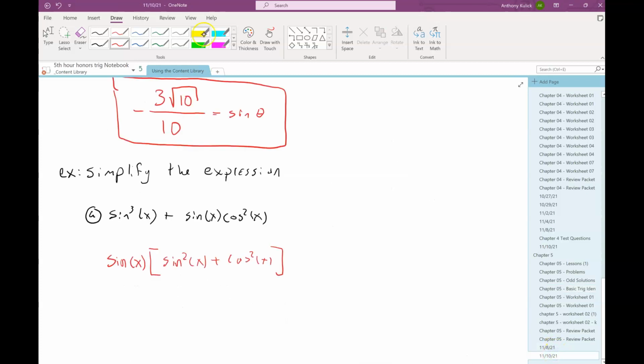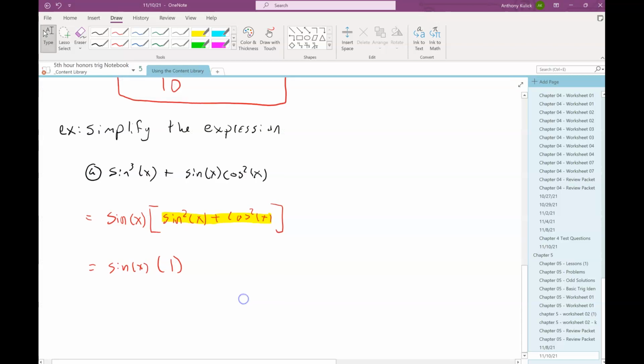If I look at our problem, we have a sine squared plus cosine squared. So I can use that first identity to replace that part with a 1. And then sine times 1 is just sine. And that's as far as you can go because we're down to a single thing, right? What do you guys think?